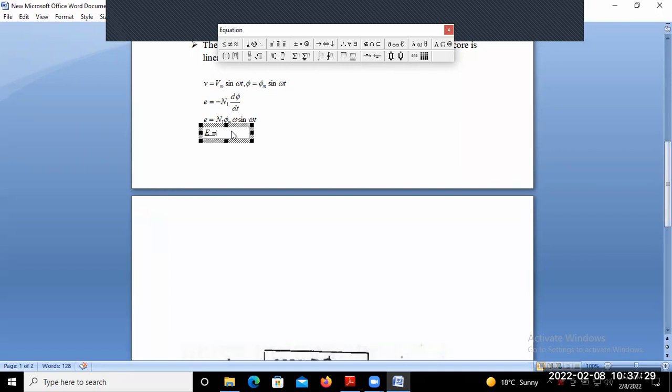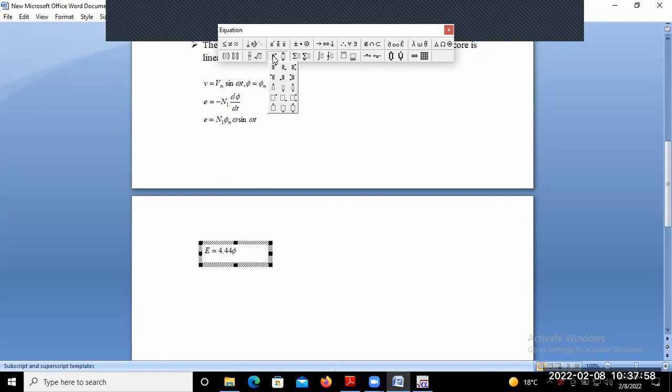What is the final numerical value? I think we get 4.44 f phi m N1.